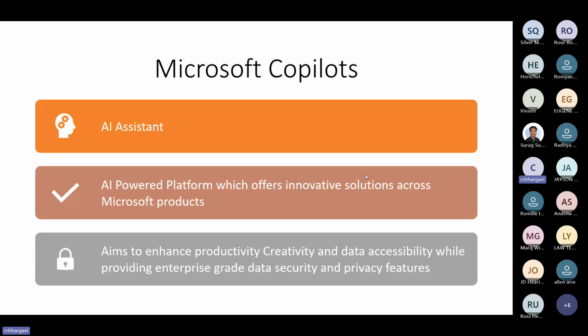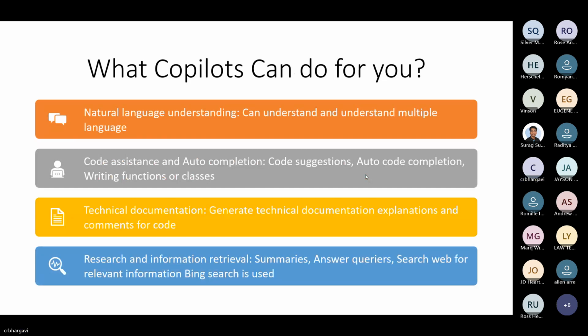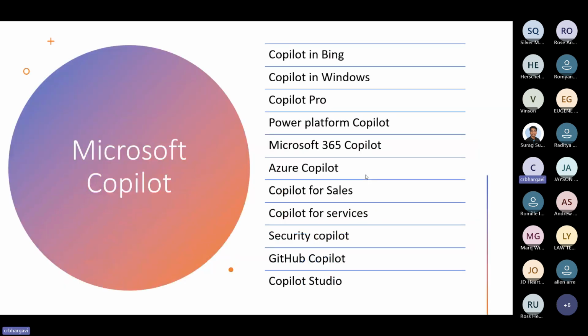It's a similar kind of thing: it sits back and guides you on the next step of what you have to do. These are the different varieties of Copilot available under Microsoft: Copilot in Bing, Copilot in Windows, Power Platform Copilot, Copilot Studio, and GitHub Copilot. So many of you might have started using it already.